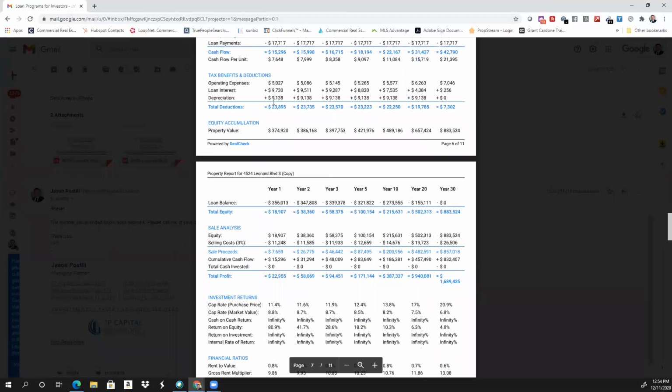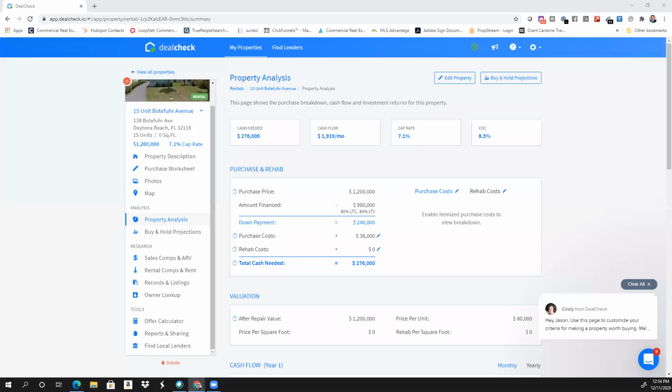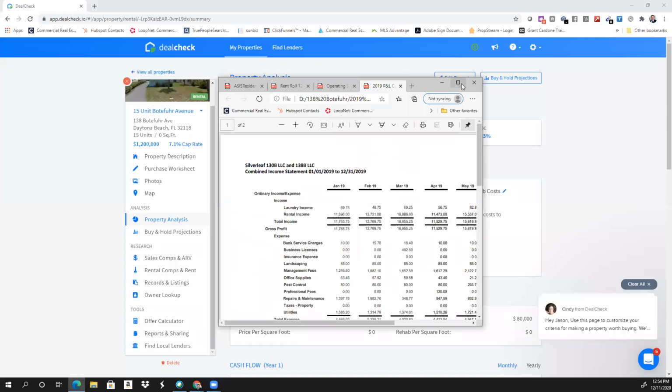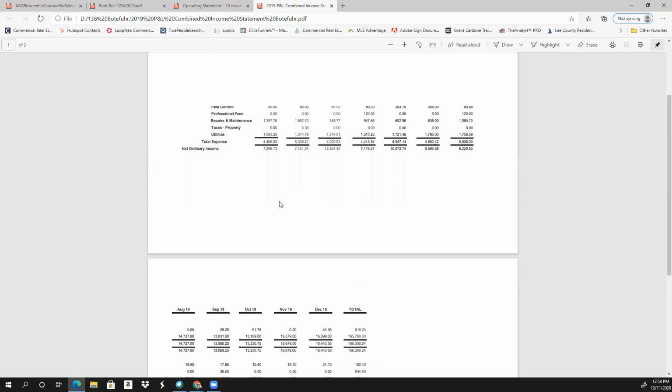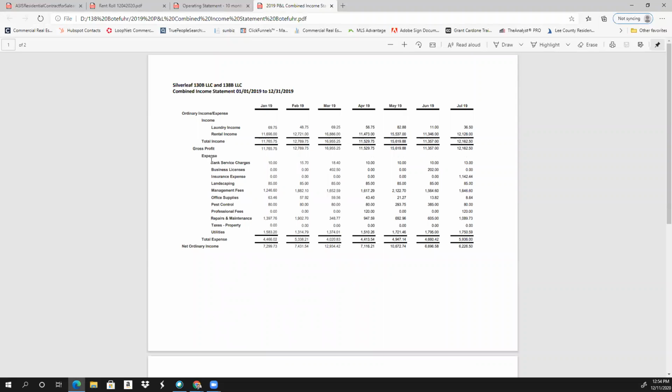So anyway, little side note on what to pay attention to, because this property that I have here is underwritten well because I got all the information. This is everything: the taxes, the repairs and maintenance every month. There's pest control, even office supplies. What's the management fee? There's landscaping.